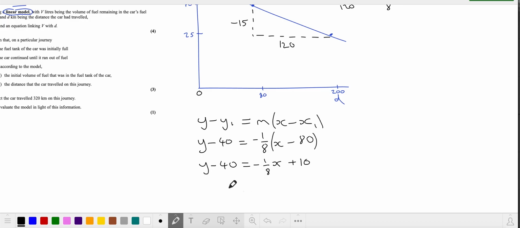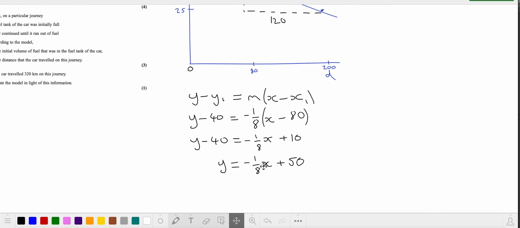And if we want it in the form y equals mx plus c, then we just need to move that 40 over. So y equals minus 1/8 x plus 50.